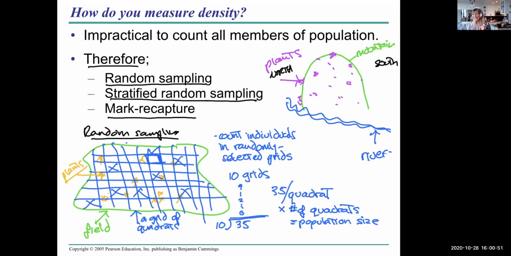So what is different about the south and the north sides of this mountain? Which side is getting more sun? It's the south side.